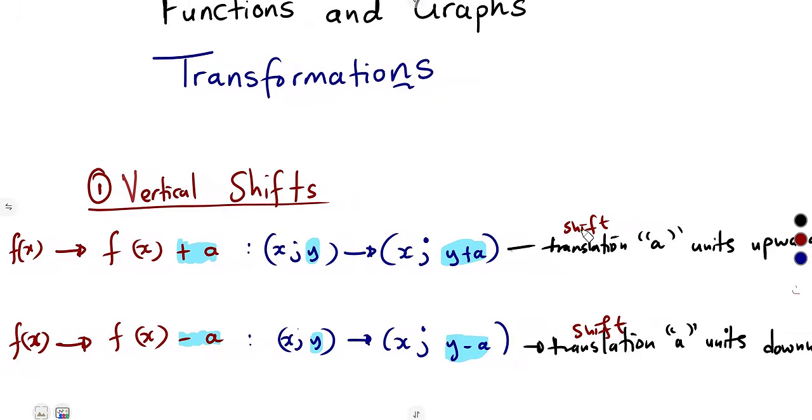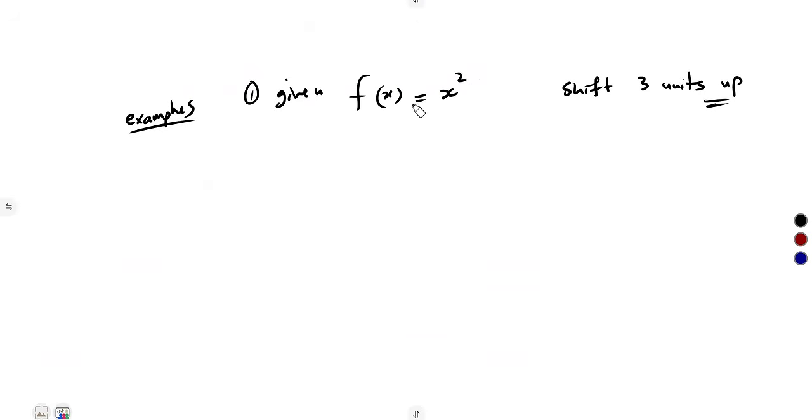As we are given that it is 3 units up, a is 3. So we are simply going to add to this f of x what we are given. We transform the function: f of x plus 3, where our f of x is x squared, so x squared plus 3.